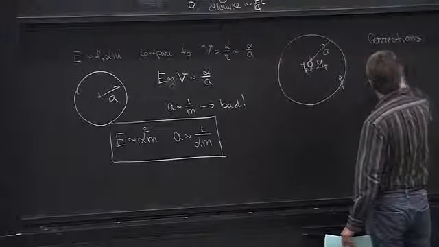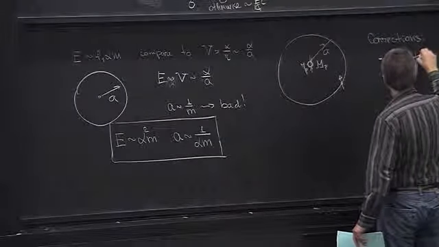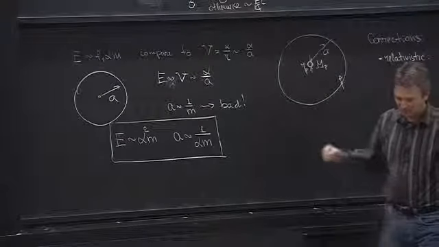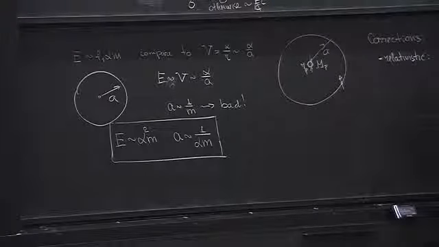So one type of corrections are relativistic corrections. That is when, instead of considering the Schrödinger equation, we solve the Dirac equation. Now, what is the parameter that's responsible for relativistic corrections?